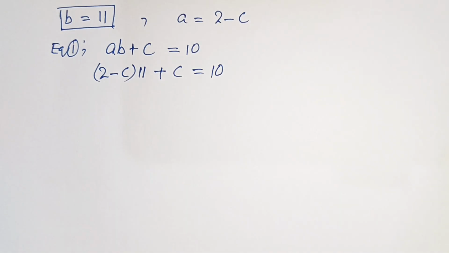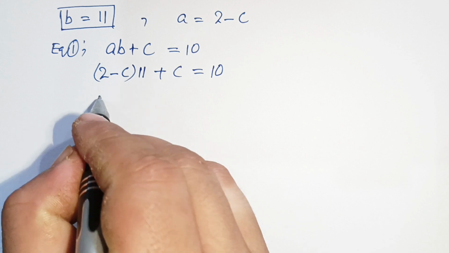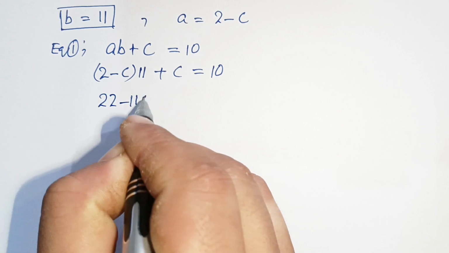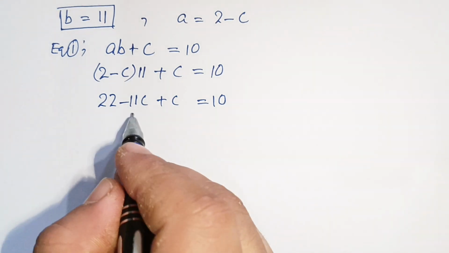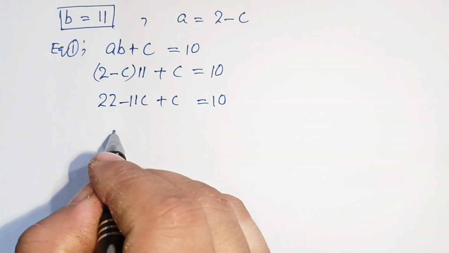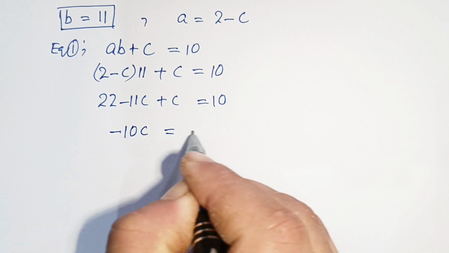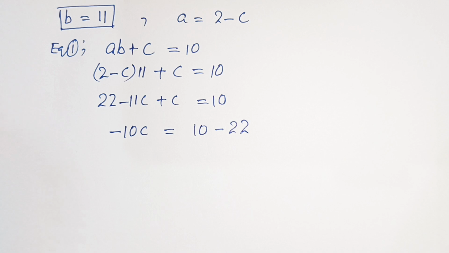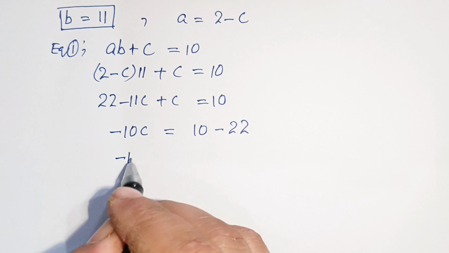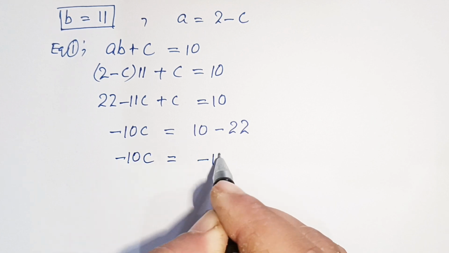So 11 times 2 is 22, minus 11c, plus c is equal to 10. So −11c + c we get −10c, which is equal to 10 minus, shifting this one, we have 22. Now −10c = 10 − 22, so −10c = −12.